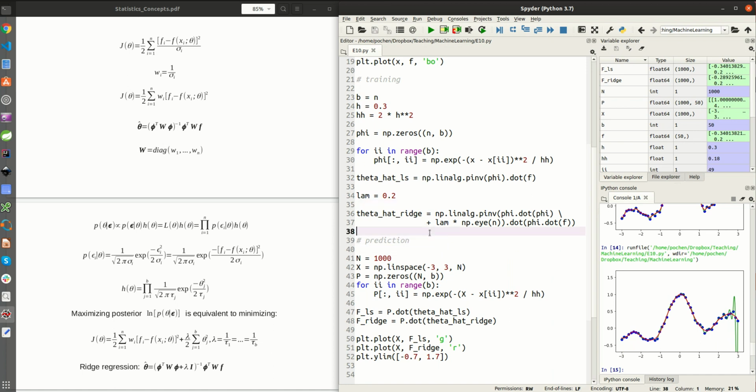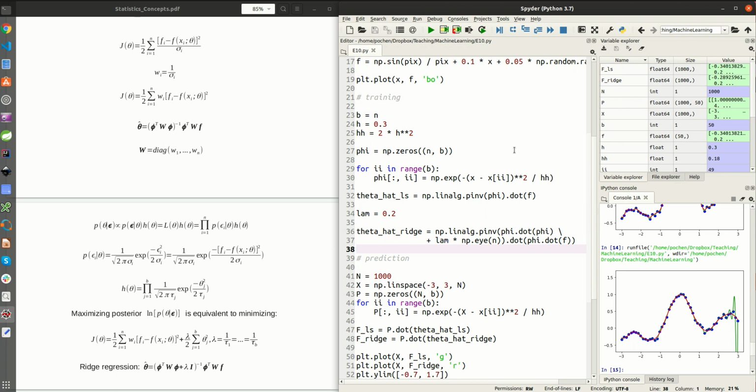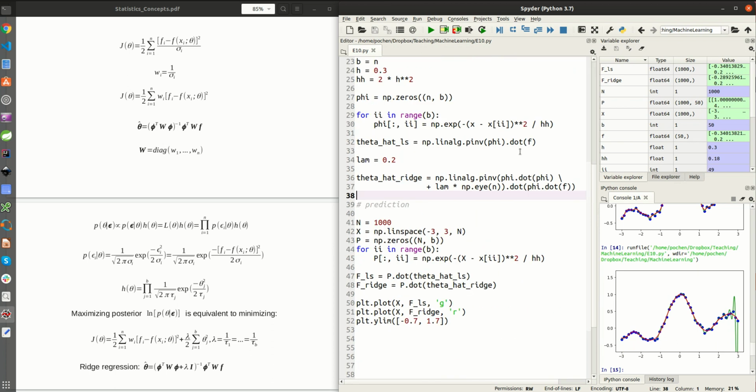That's one of those questions that we may have to answer. But this is going to be the example for ridge regression and its comparison with the least square regression.